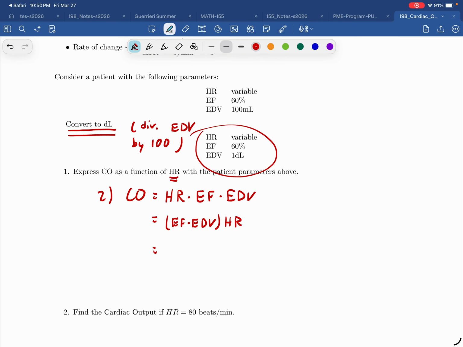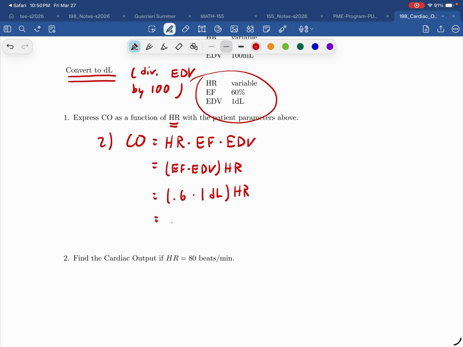So we just plug these in and we get 60%, or 0.6, times 1 deciliter times HR. Another way to write this is 0.6 HR.